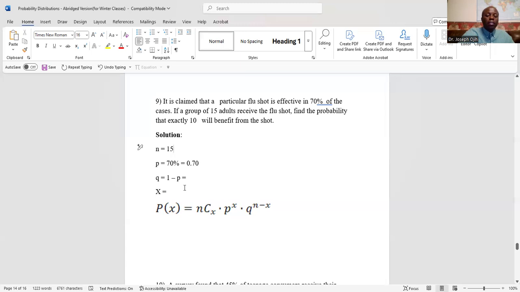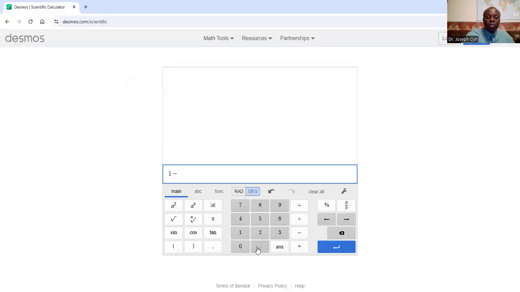And Q will be 1 minus P, 1 minus 0.70, which from the calculator gives 0.3. I know it's 0.3, but you go ahead and put 0.3.